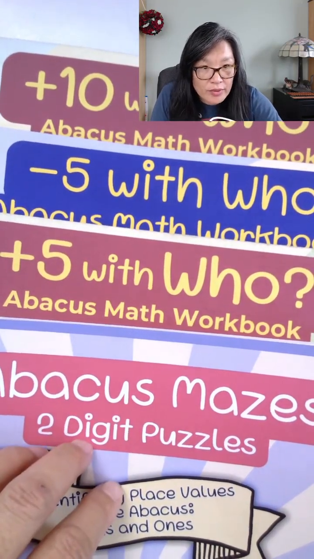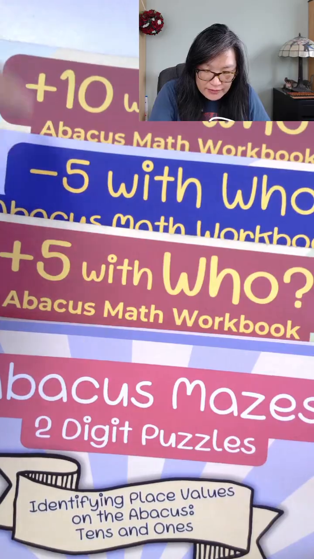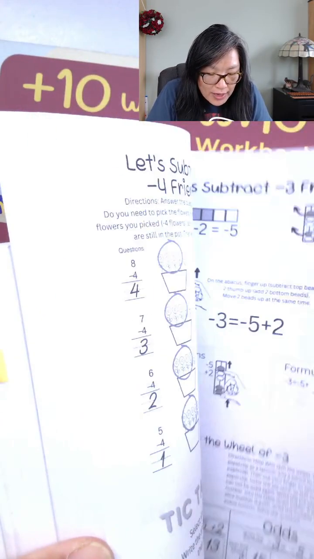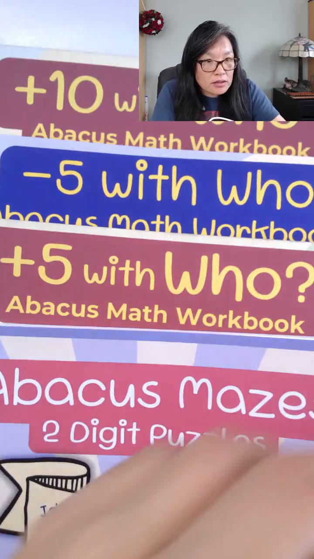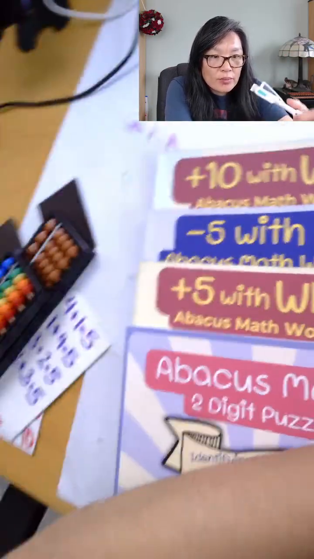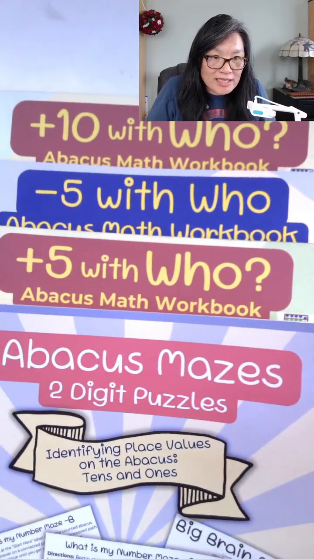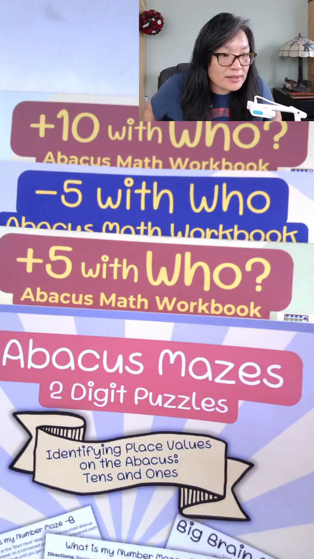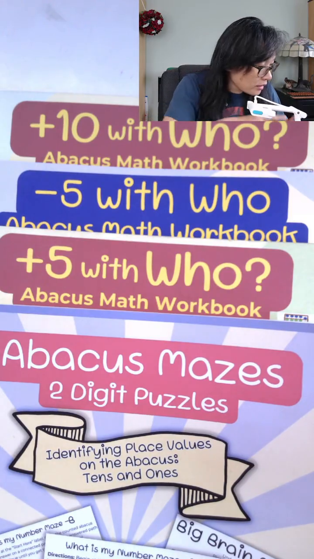It goes to bead recognition. Then you add minus the 5, add 5 minus the 5, and then add the 10. And then I added the extra problems so you can practice. So when you're done with the concept and you think she knows it, you can go to the next concept, but then use the rest of the book as practice, if that makes sense.